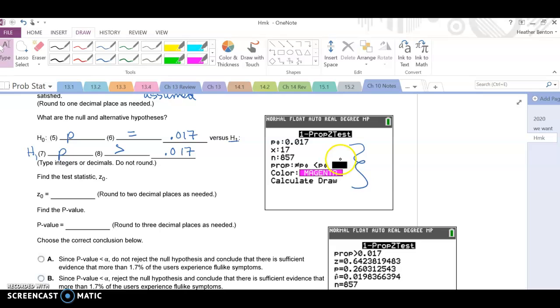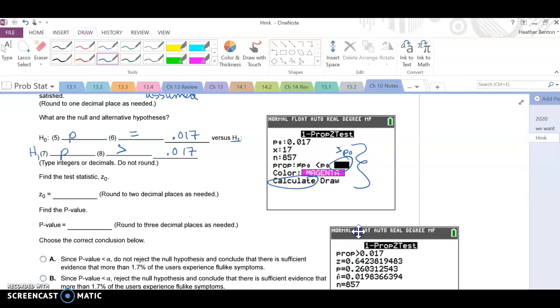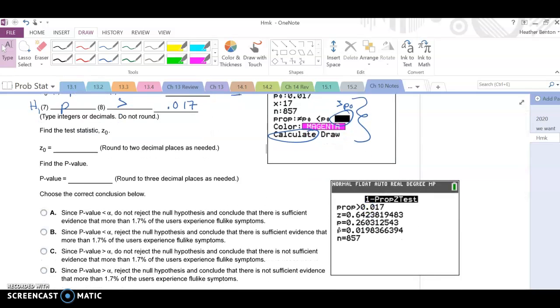Then it blacked out, but that was supposed to be greater than P naught, because I'm interested in whether there are more than that many people. Then I clicked calculate, and this is the screen it gave me. It gave me my Z value, my P value, my P hat, and my N.